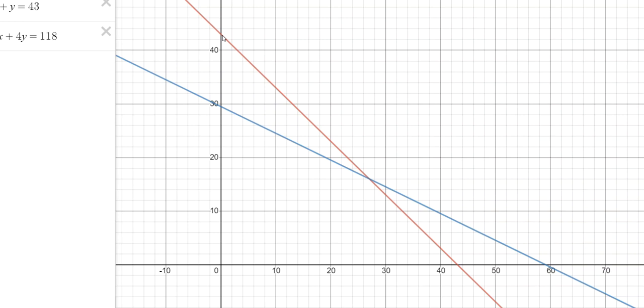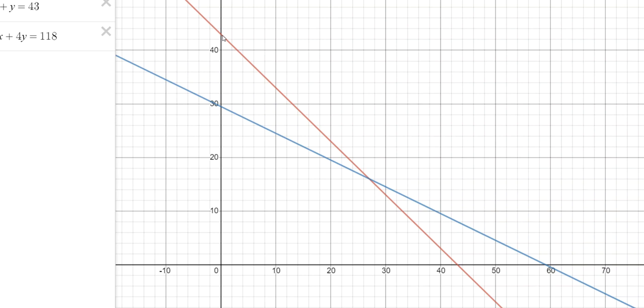Okay, but more specifically, you're right, the number of children, number of donkeys, but how many children? X was children, Y was donkeys. So this point here represents how many children? 0. And how many donkeys?